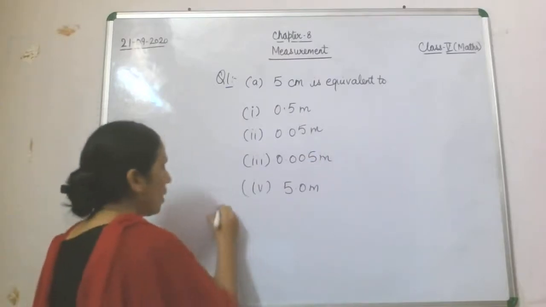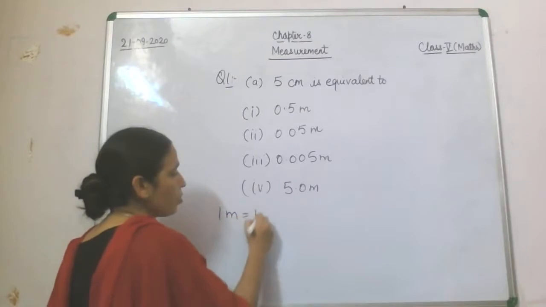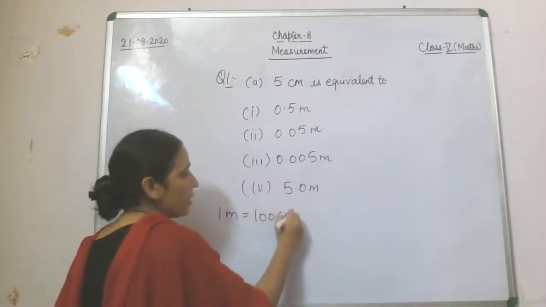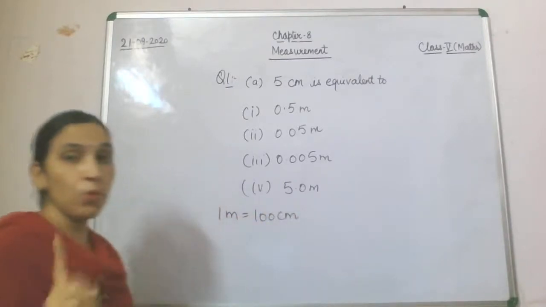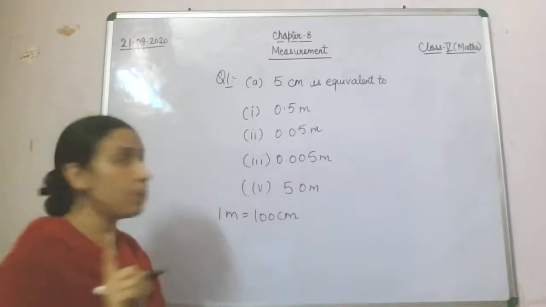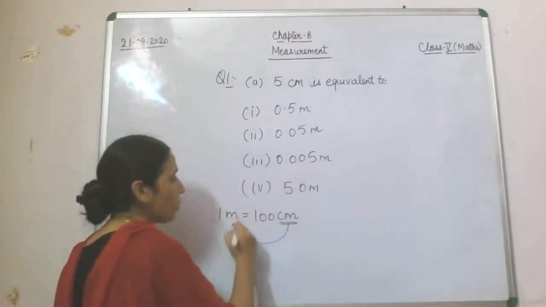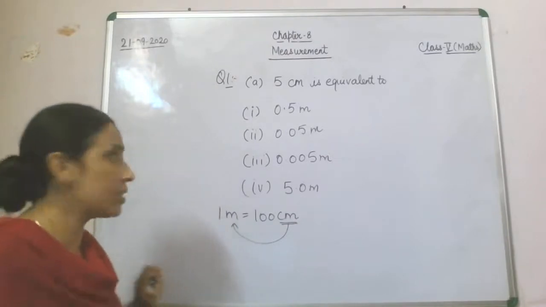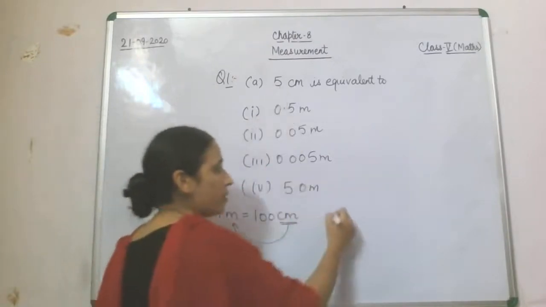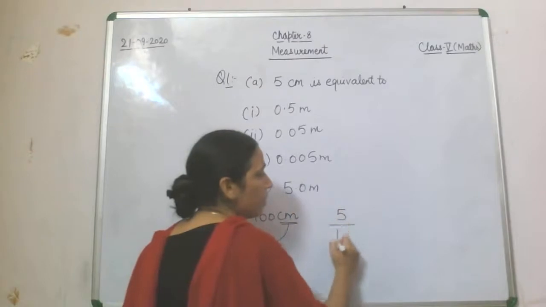Now this you all are aware of: 1 meter is equal to 100 centimeter. One more thing I have told you: when you are supposed to go from a smaller unit to a bigger unit, what will you do? You will do division. It means this 5 centimeter will be divided by 100.